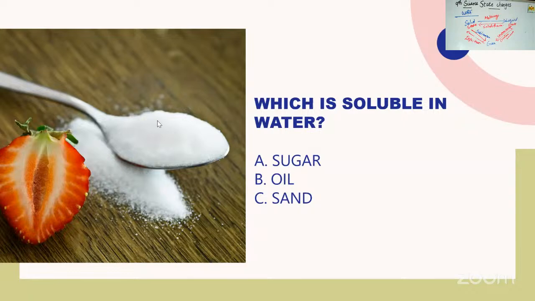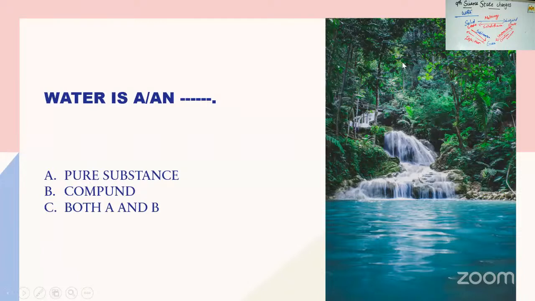Yes, water is a dash. This is water. Water is coming from the mountain. Wow. Look at this very beautiful place, one of the picnic places. So, is water a pure substance, a compound, or both A and B?